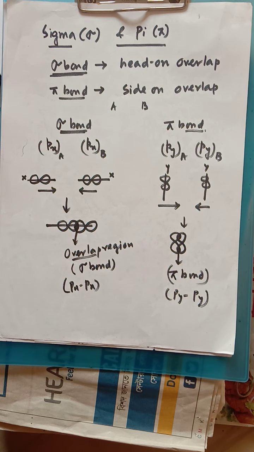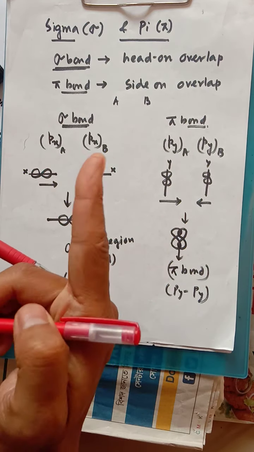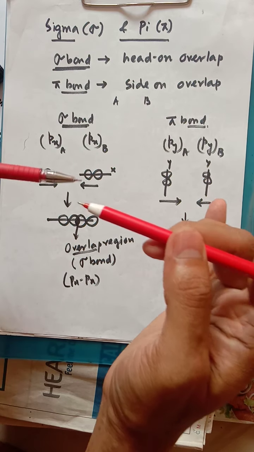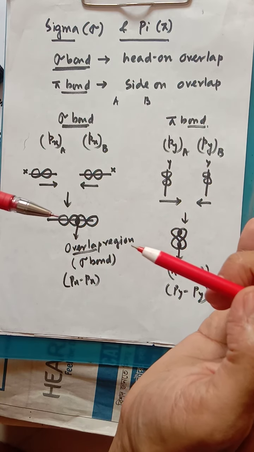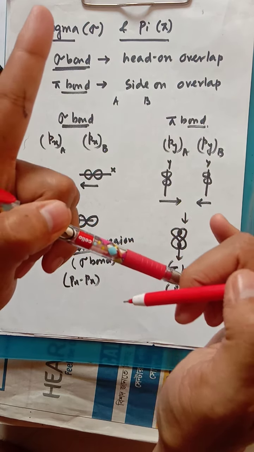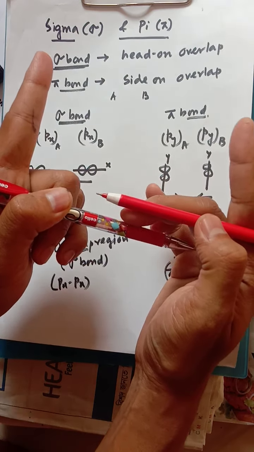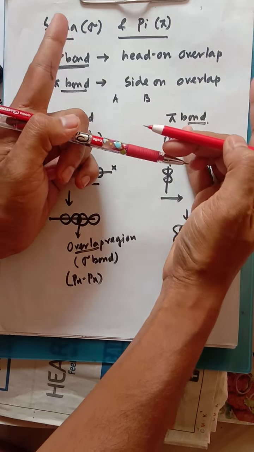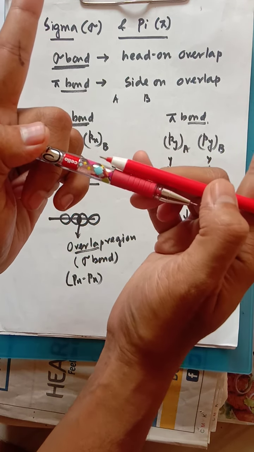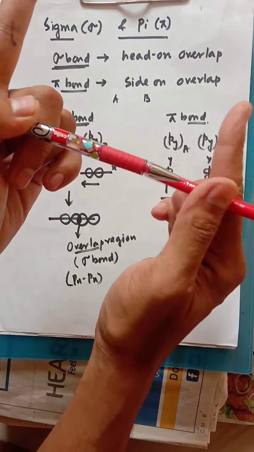Let me consider these are the two axes. The two red pens are the X axis. Whenever they are overlapping this way, that means a sigma bond is going on along the X axis.